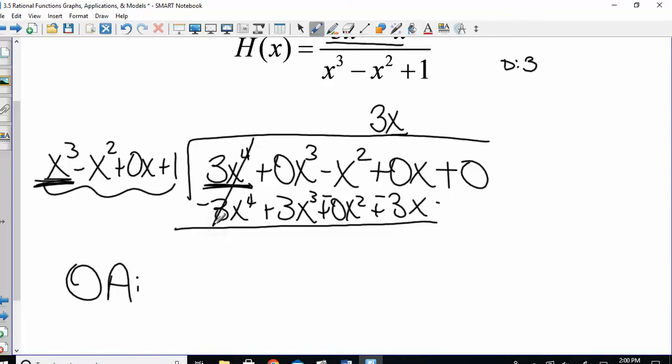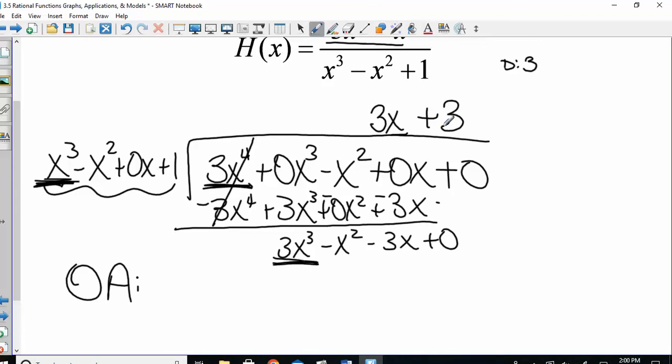But we are really close, guys. We're almost done. So these cancel. 0x cubed plus 3x cubed is 3x cubed. Minus x squared minus 3x. You can bring down plus 0 if you want. Now we're back to the beginning, so we divide. What is 3x cubed divided by x cubed? 3.